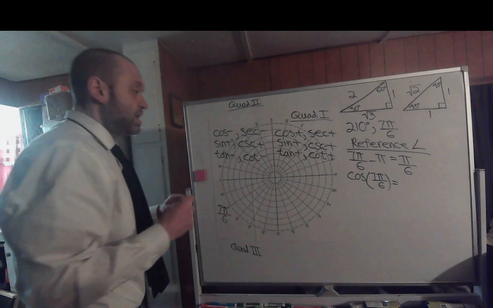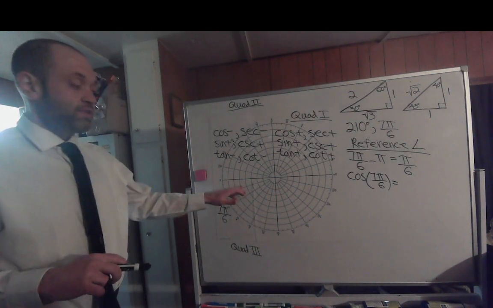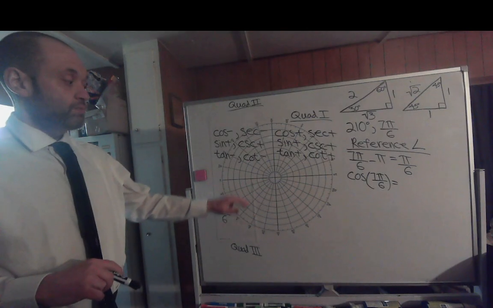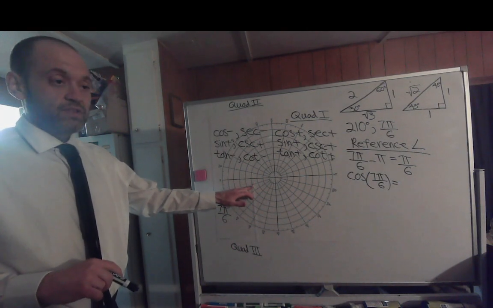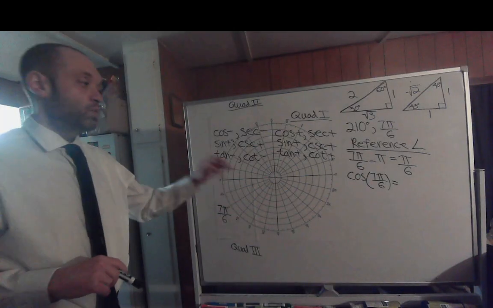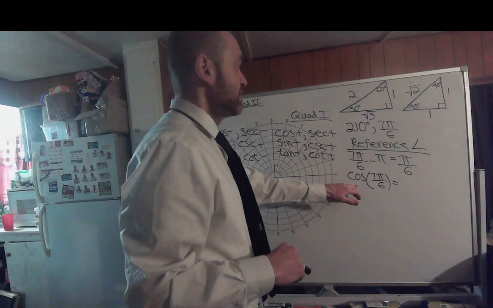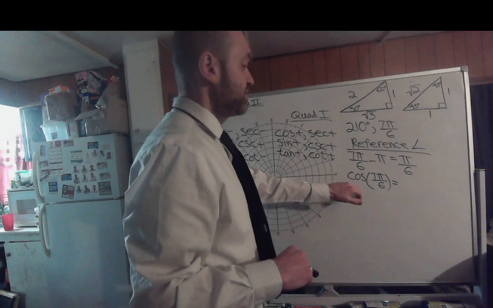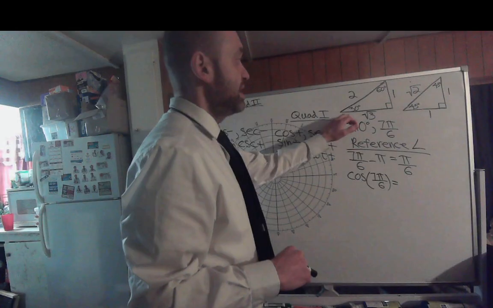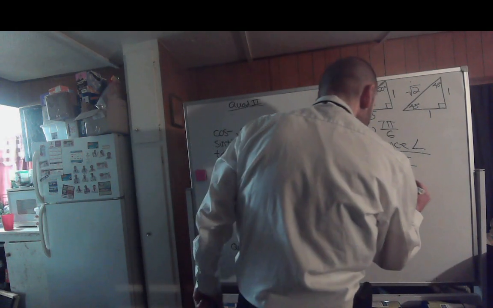So keep in mind we're in the third quadrant, where your x-coordinate's still negative, so that means you're going to get a negative value for the cosine. So the cosine of 7 pi over 6 will be negative of the square root of 3 over 2.